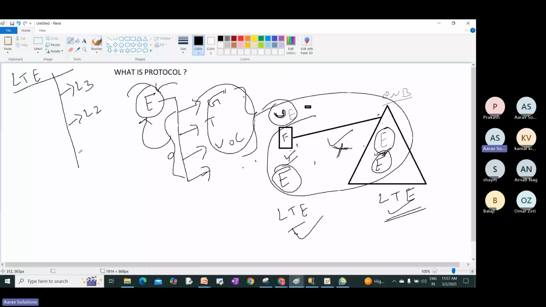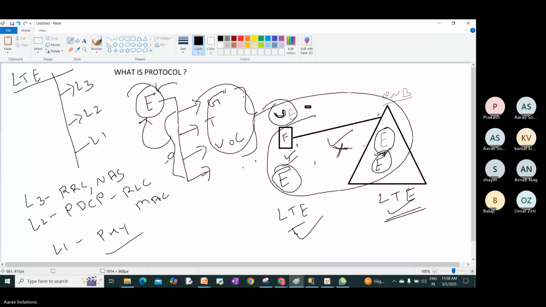In L3, we have RRC and NAS protocol. In L2, we have PDCP, RLC, and MAC. Then we have L1, the physical layer. These protocols we are supporting.